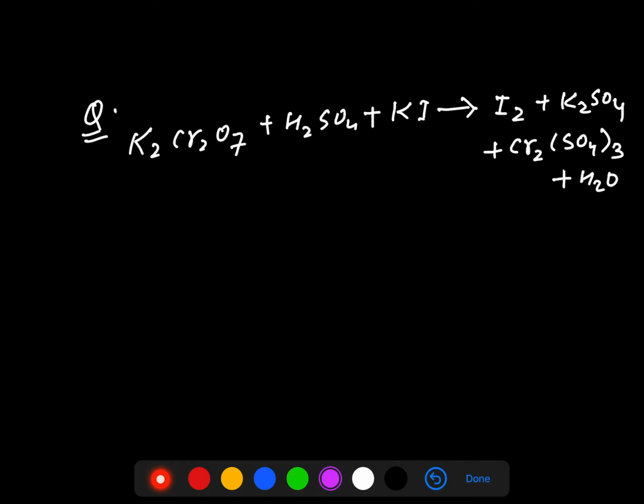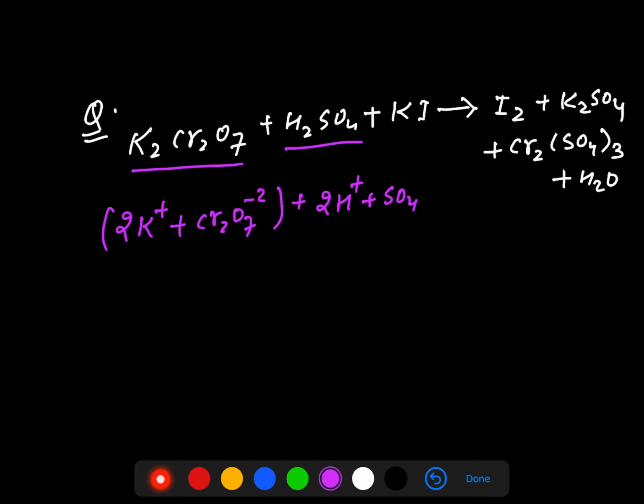First thing is that you split it into the ionic form, right? So K2Cr2O7 can be written as 2K plus plus Cr2O7 minus 2. H2SO4 can be written as 2H plus plus SO4 minus 2. KI can be written as K plus plus I minus.